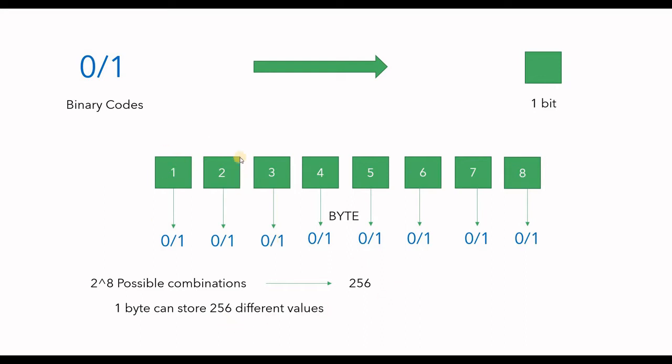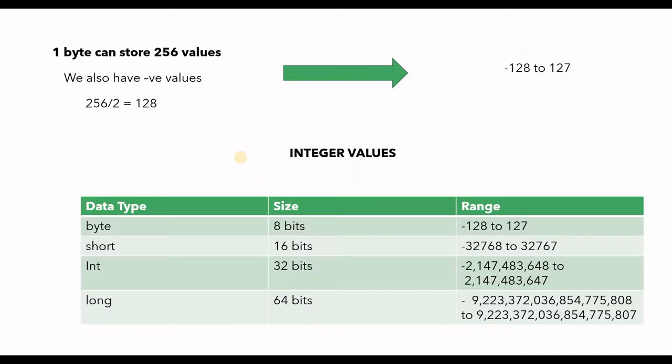Now, these blocks will be occupied in the memory. The 8 blocks are going to be occupied in the memory. Suppose you created a variable of the size of a byte. So, it will occupy 8 blocks in your memory. That is 8 bits in the memory or 1 byte in the memory. Alright, moving ahead, we can say that 1 byte can store 256 values.